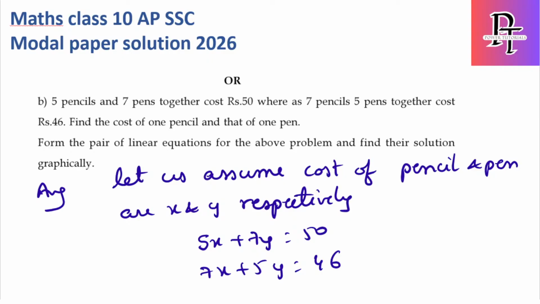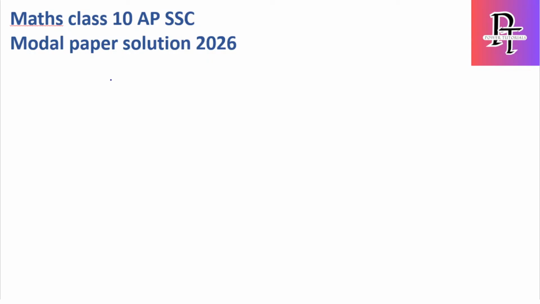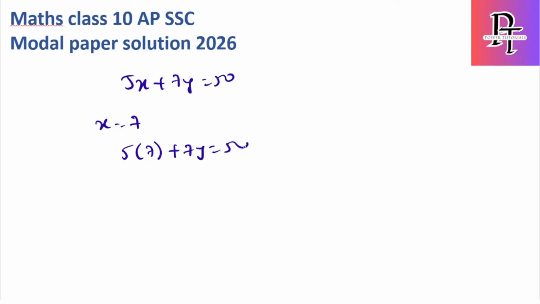I'll show you for 5x plus 7y equal to 50 how to get the points. Substitute x as 7, I'll get 5 into 7 plus 7y is equal to 50. So 7y equals 50 minus 35, which is 15. So we'll get the y value as 15 by 7.